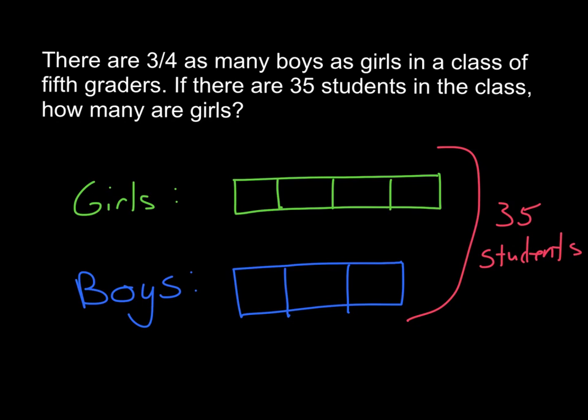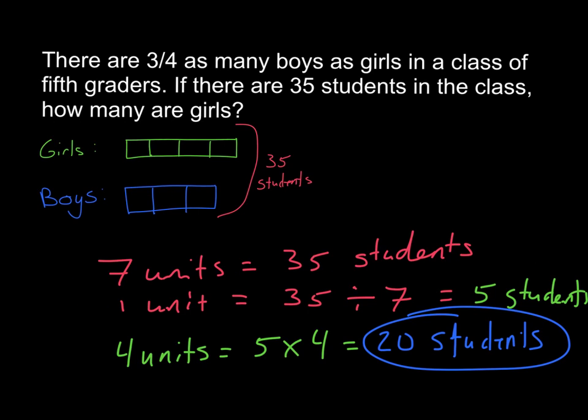Take a moment and look at what you have here and see if your solution, your product or difference or quotient may have changed. Solving this problem, I know that 7 units shows me 35 students. So 1 unit is 35 divided by 7, which gives me 5 students.